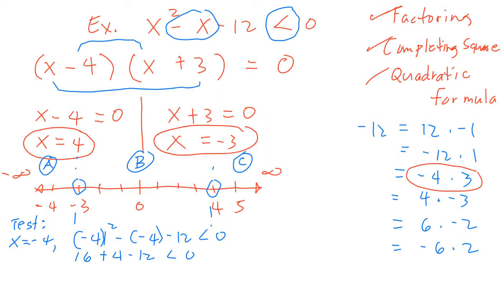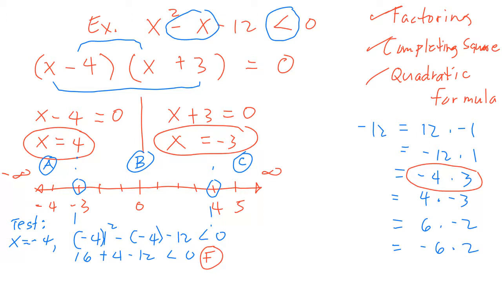So we have 16 plus 4 is 20, minus 12 is 8. Is 8 less than 0? The answer is false. So false. So it means that we don't have that in region A. So it's not in region A.